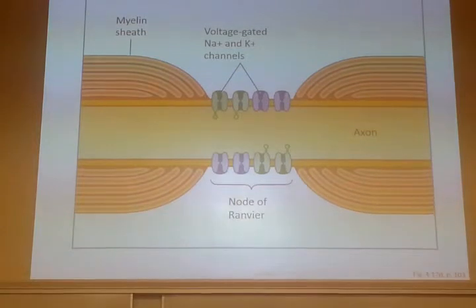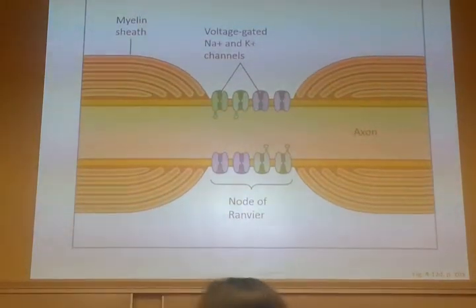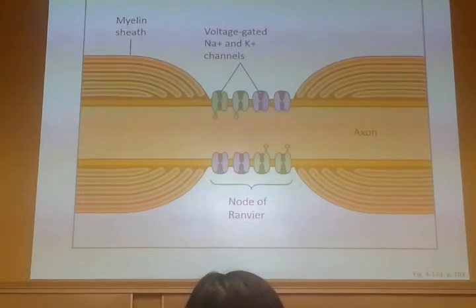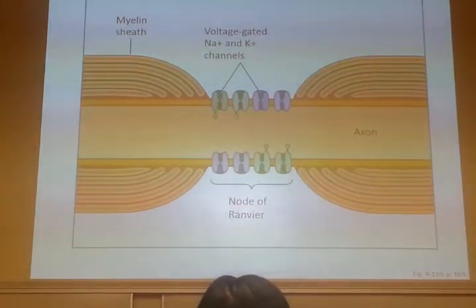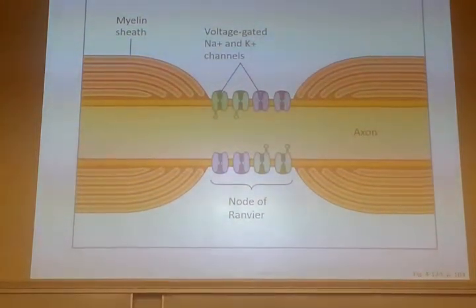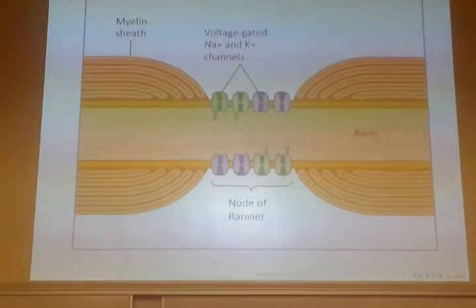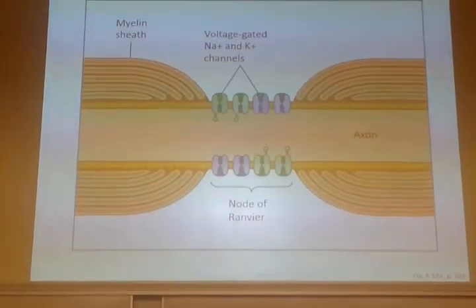Downstream, it can open the next voltage-gated channels, but as it's opening those channels downstream, this node of Ranvier is in its absolute refractory period as soon as the voltage-gated channels open. You absolutely can't open them again while they're already open. That's the definition of absolute refractory period.